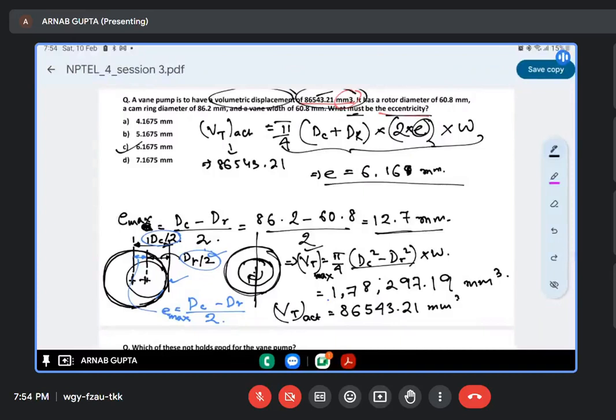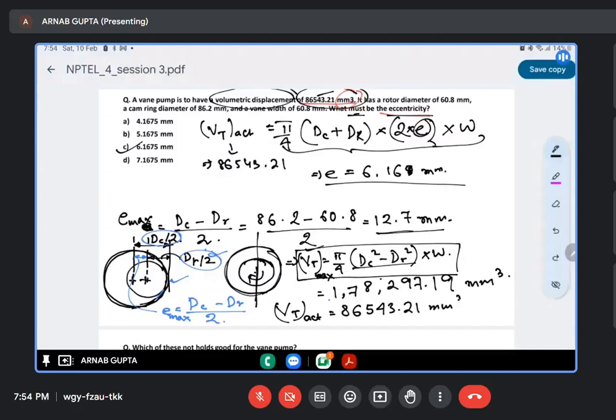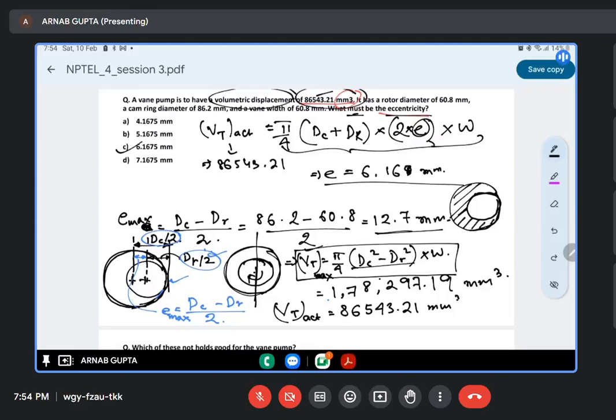So what I actually did is, for Vt max, we are writing this particular equation. This equation is applicable only when the volumetric displacement is maximum. Why? Because this is the area that we are talking about, right?